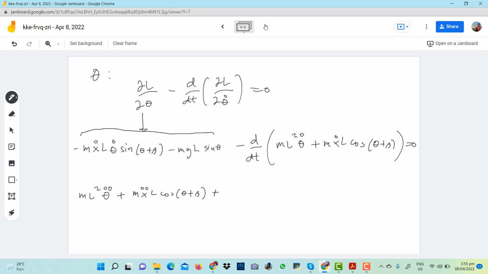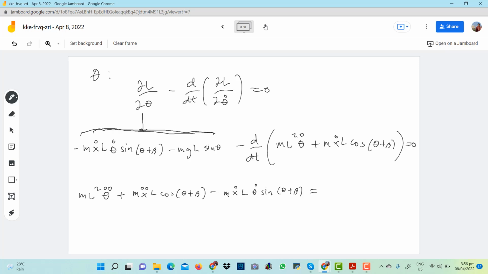Then the other one is mx dot L sine theta dot sine of theta plus theta. It becomes minus, because the derivative of cosine is minus sine, so minus mx dot.